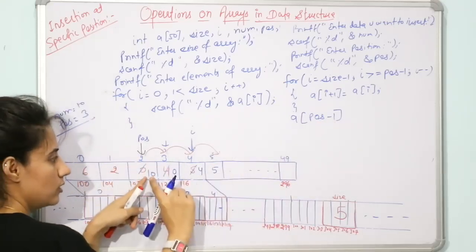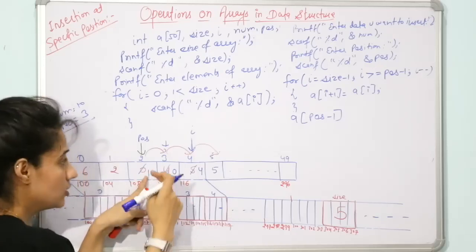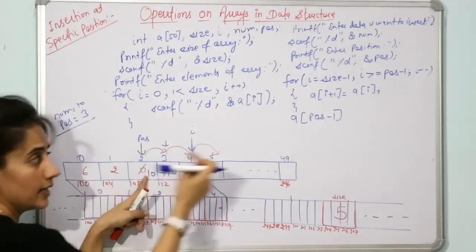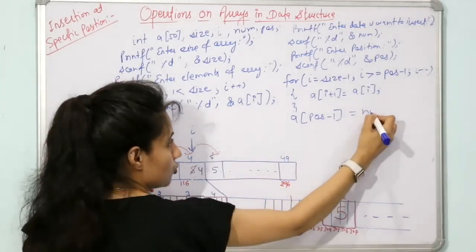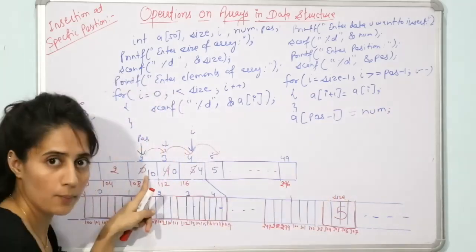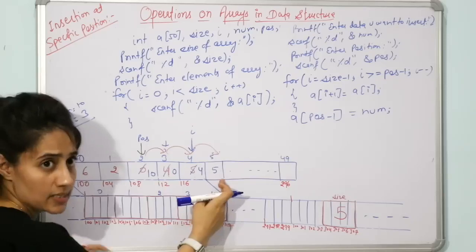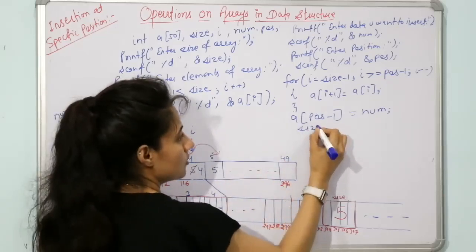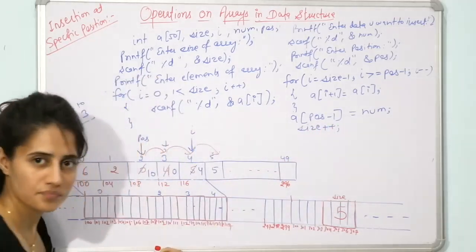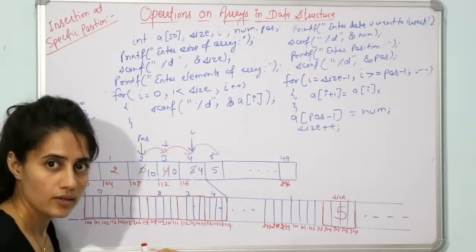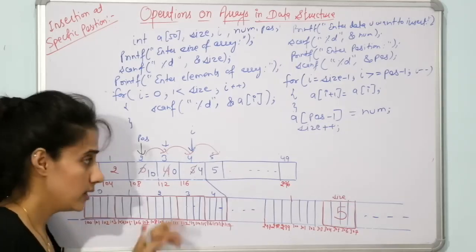Here you are going to insert 10, but position is still 3, 1, 2 and 3, but index is position minus 1. So here you are going to insert the number, and after inserting this number, array size becomes 6. So now size becomes size plus plus, right?